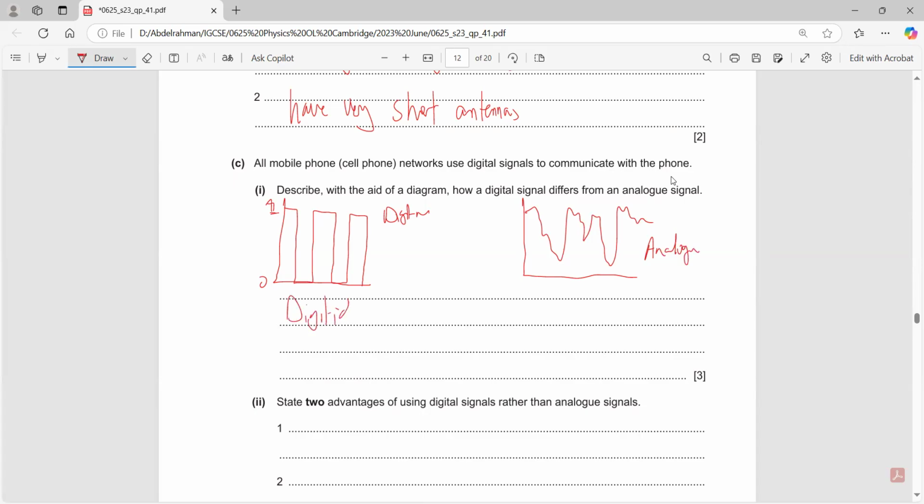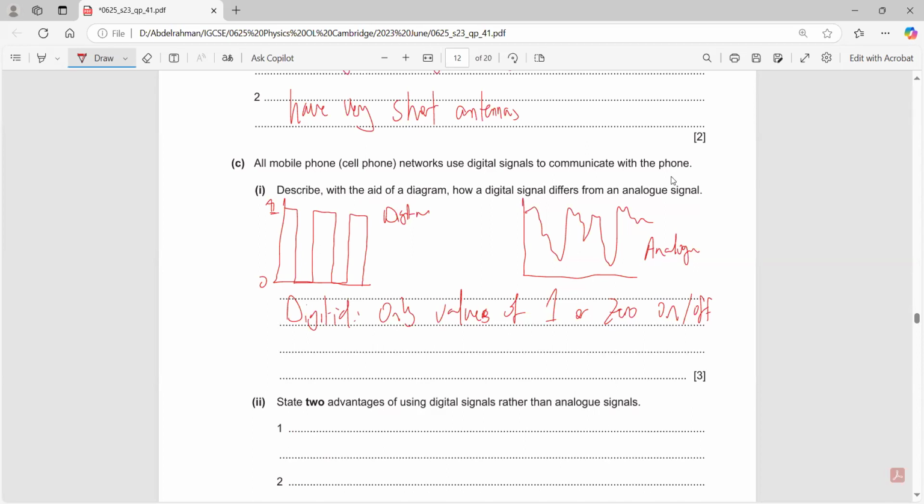Digital has only values of 1 or 0. You can say on or off, high or low. That's it. Digital signal, it's black or white.